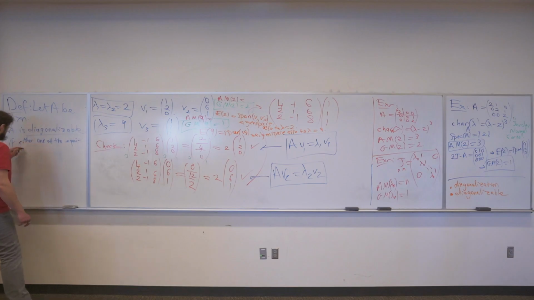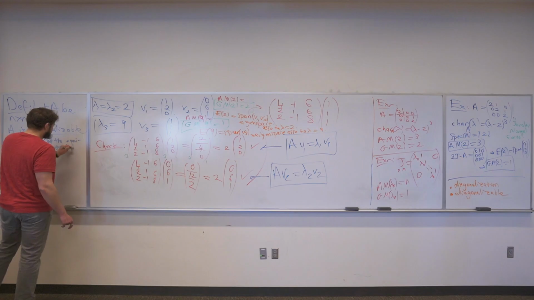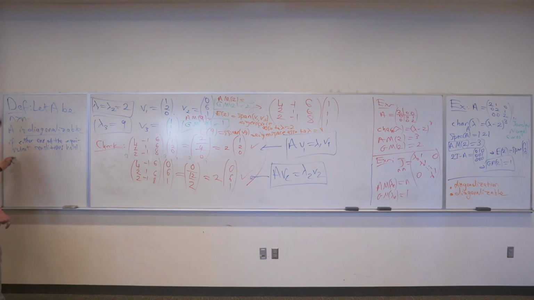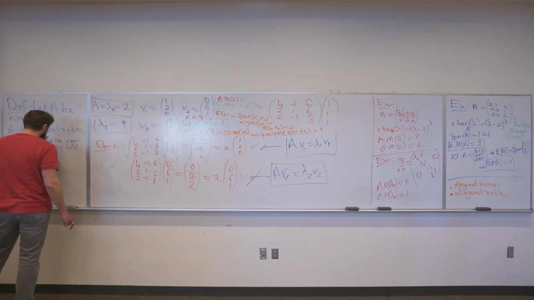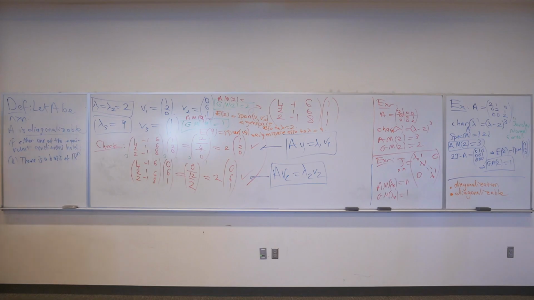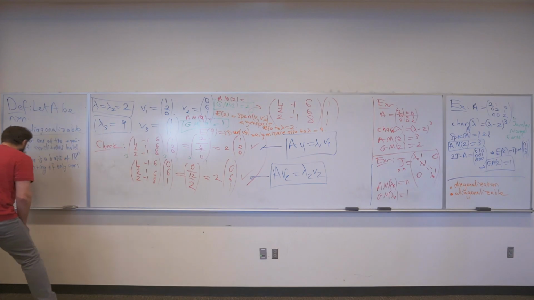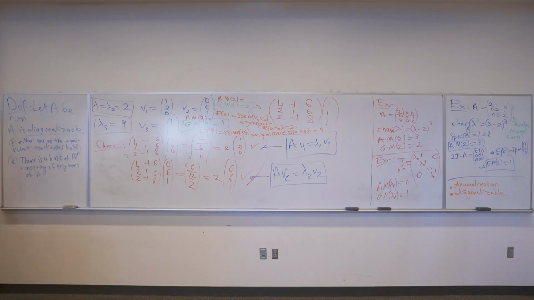Equivalence: Rn has an eigenbasis of A, or there's an eigenbasis of A. So there is a basis of Rn consisting of only eigenvectors of A.